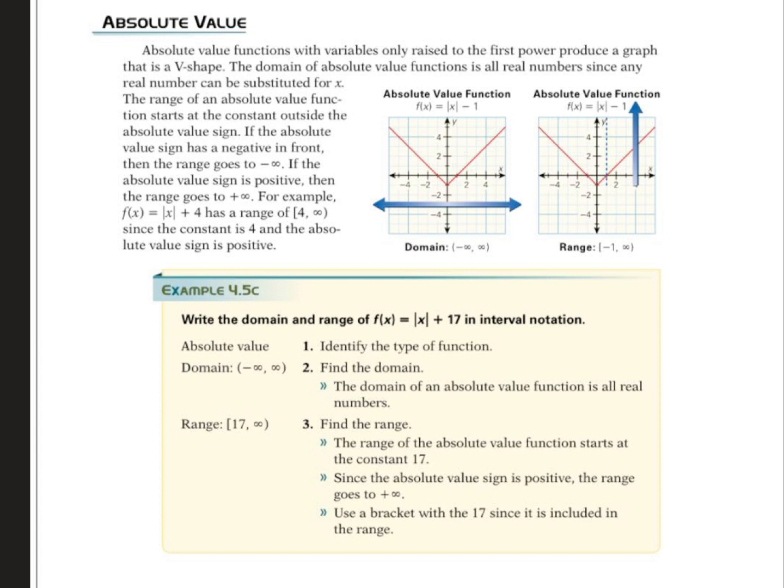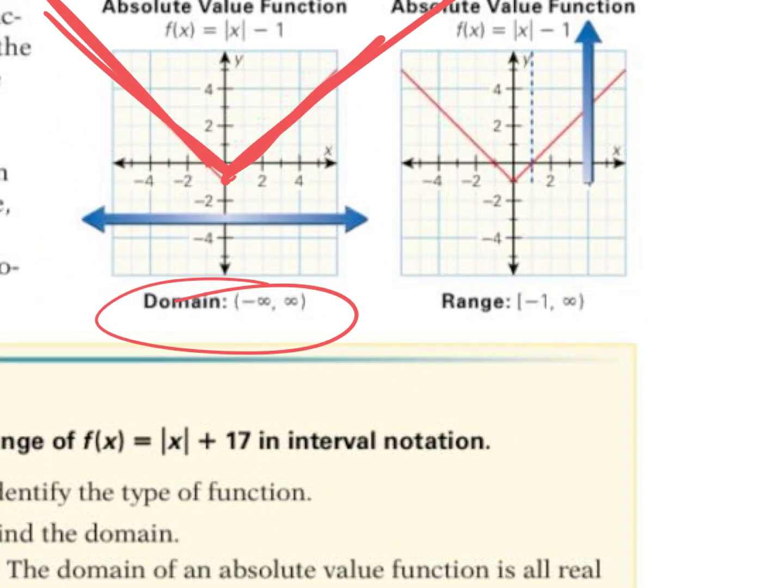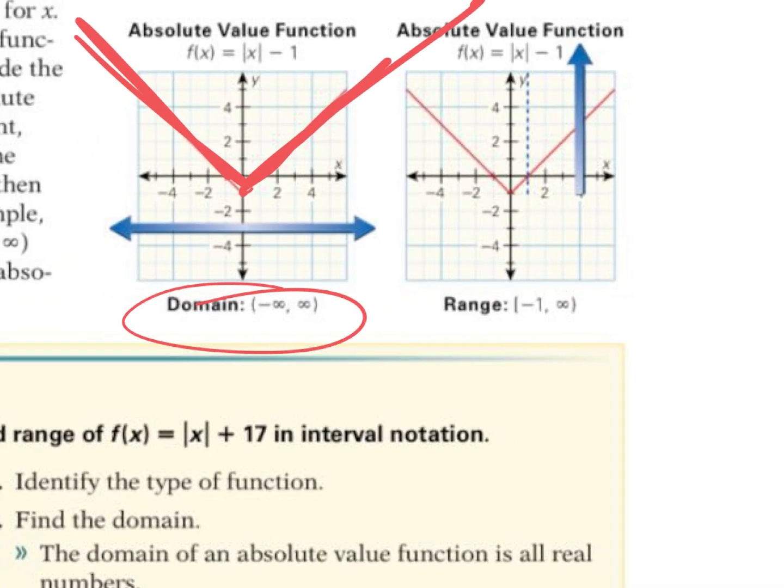Okay, so for absolute value, your domain is negative infinity to infinity because it's always going to extend all the way out, right? Your range, though, is going to be whatever it starts at. So the only y values we have, this one is starting at -1, but it's going to go up to infinity.